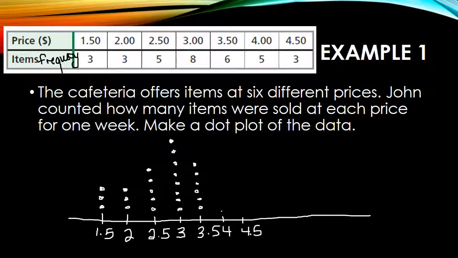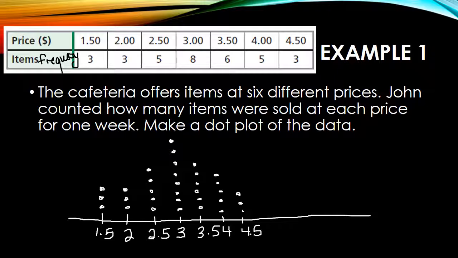I have 5 dots for 4: 1, 2, 3, 4, 5. And I have 3 dots for 4.5. And this is a dot plot that represents the data set that we have at the top.